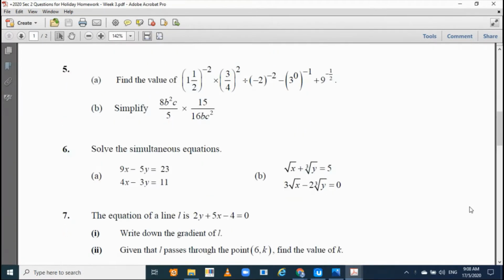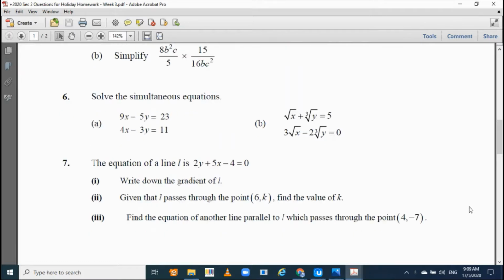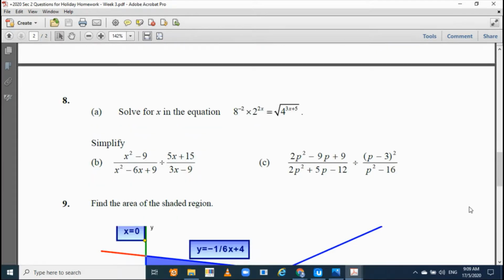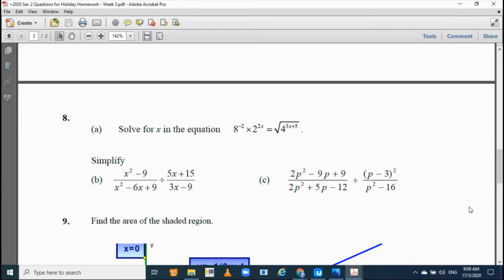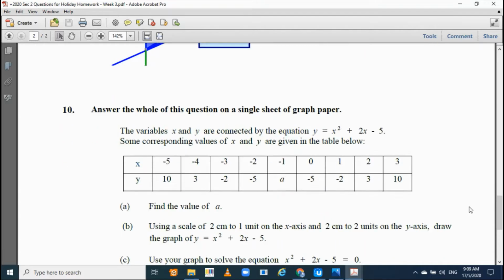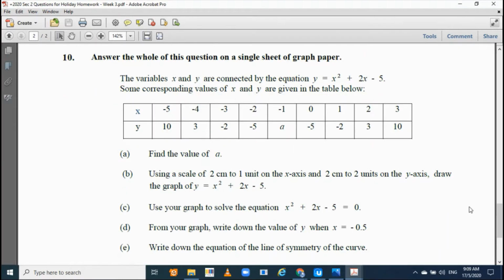Question 5, 6, 7. Question 8. Question 9. And question 10.